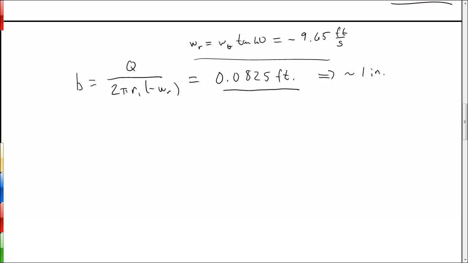All right, so now we need to find the power. And to find the power, we know that the power is given as the product of the torque with the angular velocity.